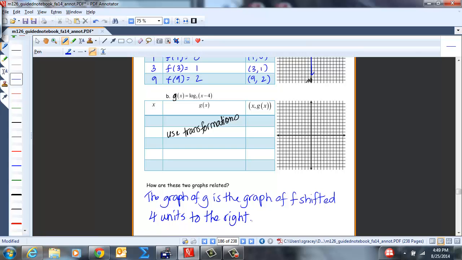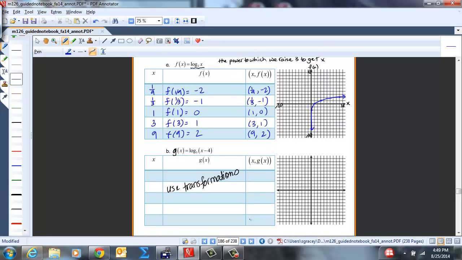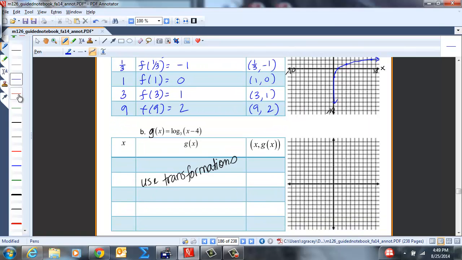So instead of having a vertical asymptote at x equals 0, we'll have a vertical asymptote at x equal to 4. So if we just do the same scale, we won't get all the ordered pairs, but I think we'll get a good enough feel for the shape.